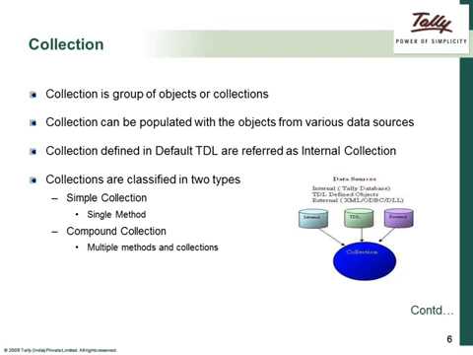Now this collection can be populated from various objects or various data sources. Could be internal, could be hard-coded, or could be from an external source. The ones which are from the internal source are referred to as internal collections, and further these collections are simplified into simple collection and compound collection. 99% of every collection that we have in Tally is a compound collection.